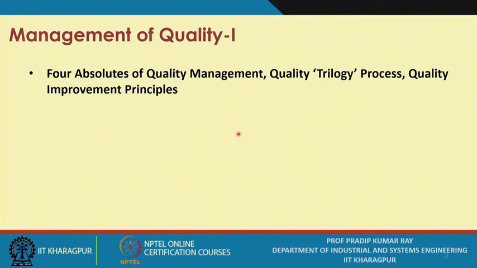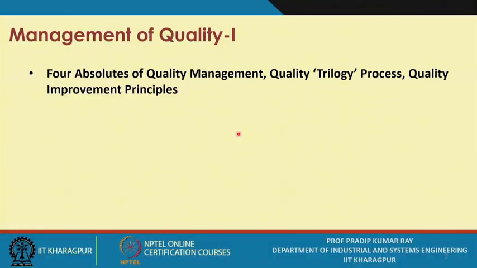So, we must know as a student, as a learner, what are these four absolutes. That means if you know about these absolutes, you will come to know what are the necessary conditions you have to create for quality management. The second important issue we are going to discuss is the quality trilogy process.